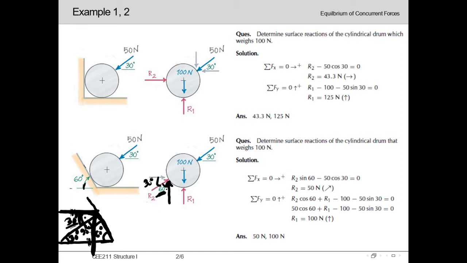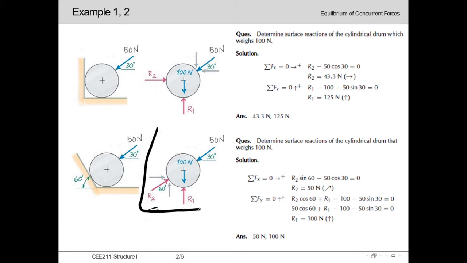So in this way, firstly we need to determine the angle, and after determining the angle, we will have to complete the free body diagram. So like the previous one, this force will also have two components, horizontal and vertical.